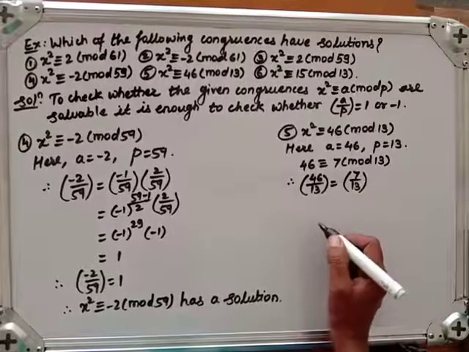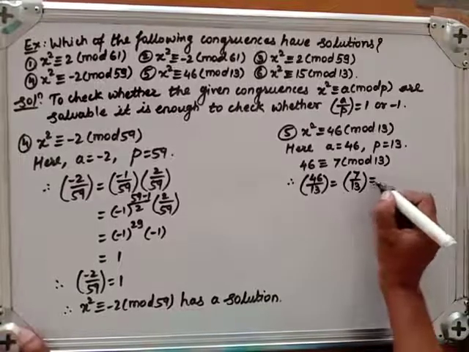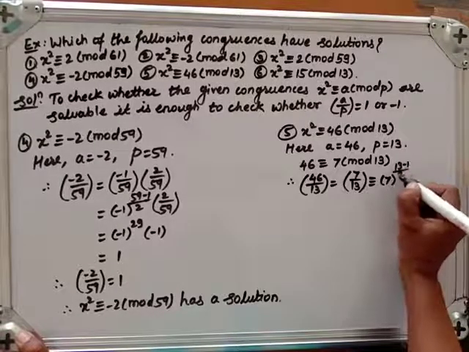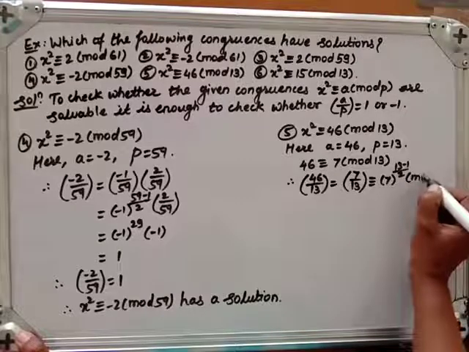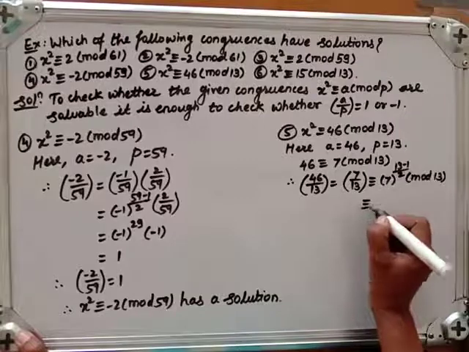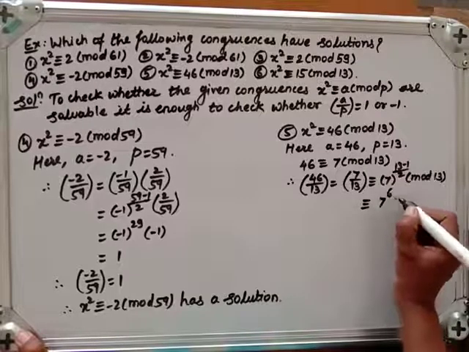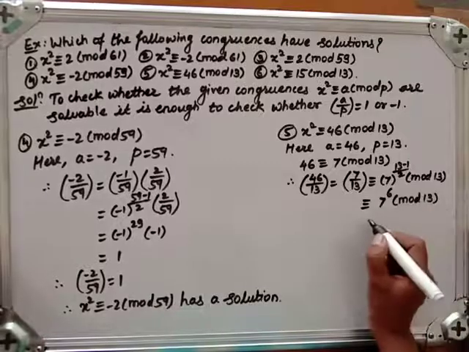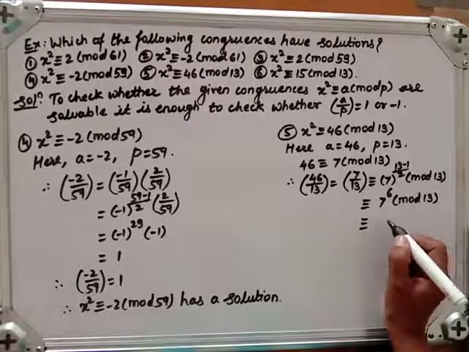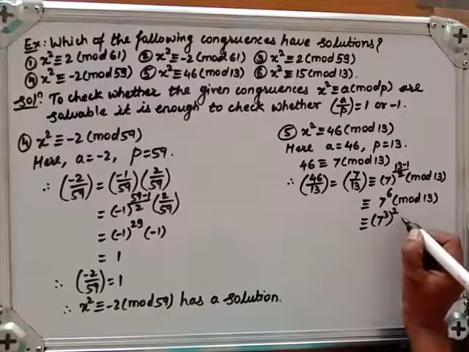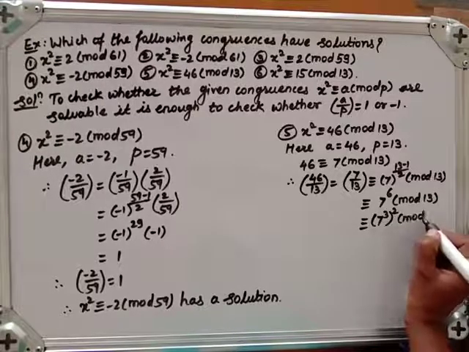7 by 13. So that is equivalent to 7 raised to what? (13 minus 1) by 2 modulo 13. Okay. So this is congruent to 7 raised to what? 6 modulo 13. Okay. So that is equivalent to what? 7 cubed, its square, modulo 13.